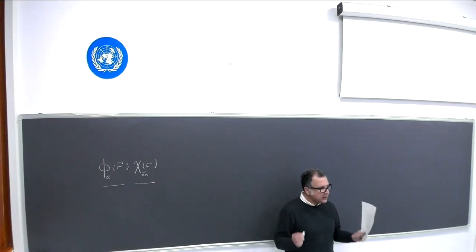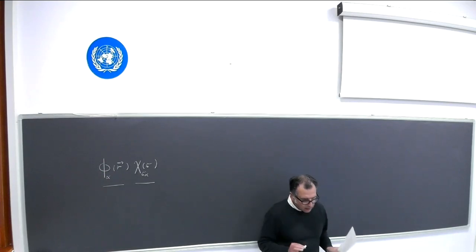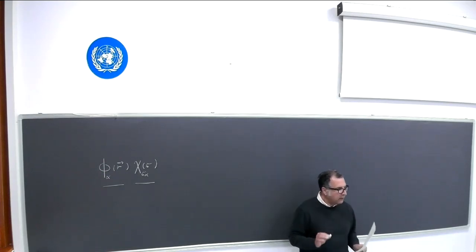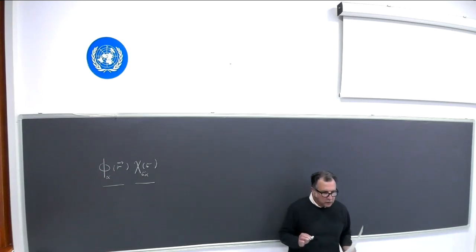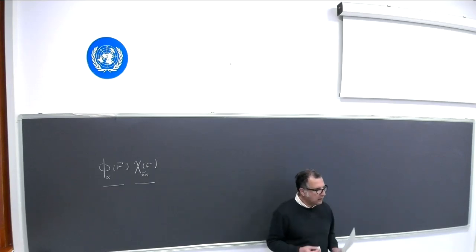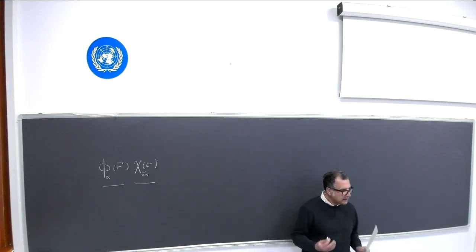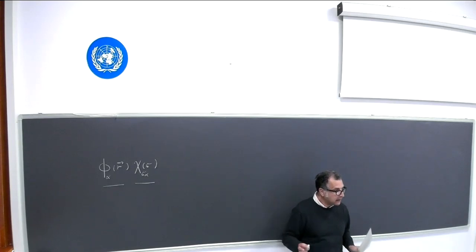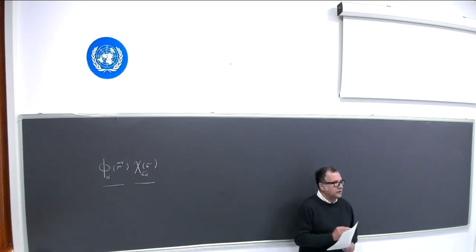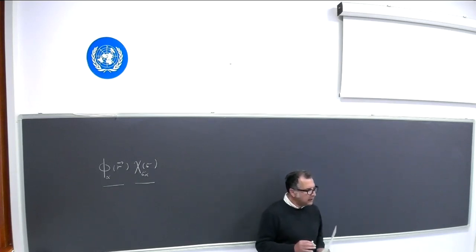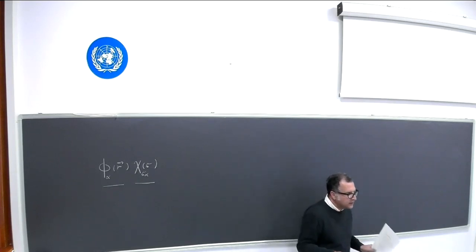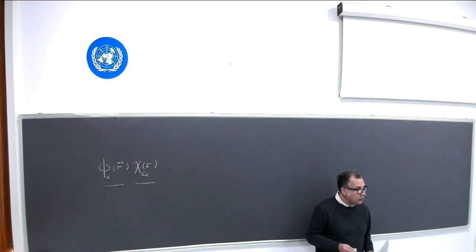Now, let's start with the following question. I want to write down the wave function of a system of non-interacting particles. For some reason, just ignore the possibility that electrons are interacting because they have Coulomb energy.